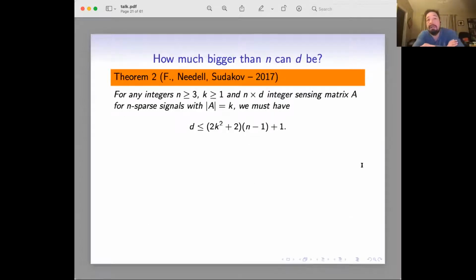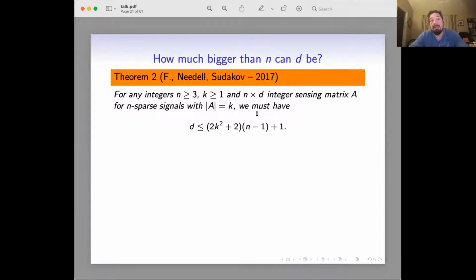Now, one can ask, but how much bigger than n can D be? Well, so in this direction, we can prove that for any integer n greater or equal than 3 and k greater or equal than 1, there exists an n by d integer sensing matrix for n sparse signals. So the sparsity level is just the number of rows.